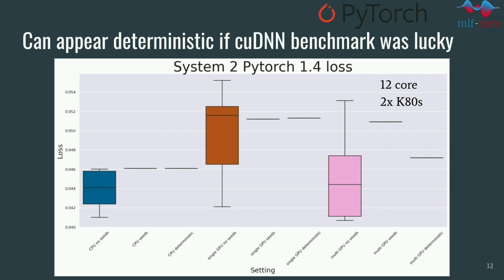And this benchmark setting always tries to find the fastest algorithm for a given hardware. And I expect that in this case, it basically selected the algorithms which operate deterministically, and therefore we obtain this result. But you cannot always bet on that.